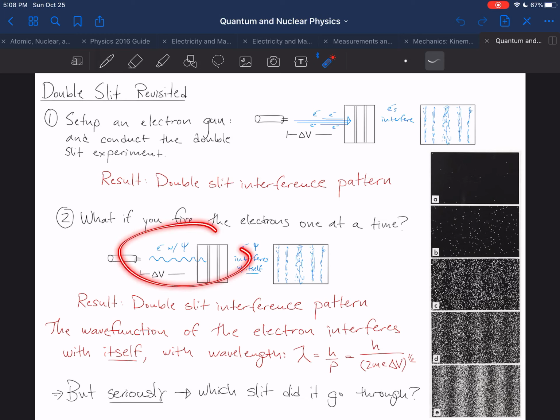But what is happening, now that we know a little bit more about quantum mechanics, is that the wave function corresponding to the electron, which really is the electron in an important sense, acts like a wave, and it behaves like a wave, and it travels like a wave, and it interferes like a wave, which means when it goes through the double slit, it propagates out of the double slit as a wave that interferes would propagate.